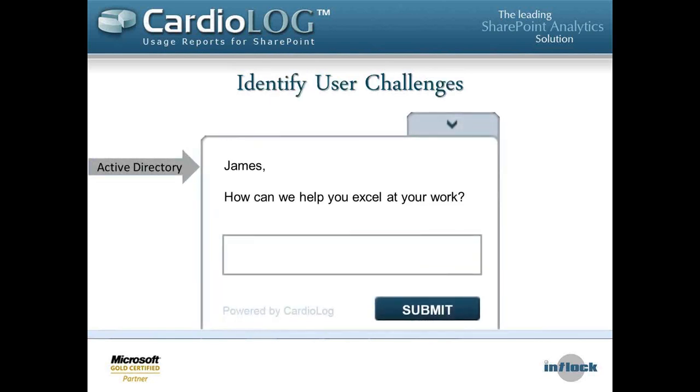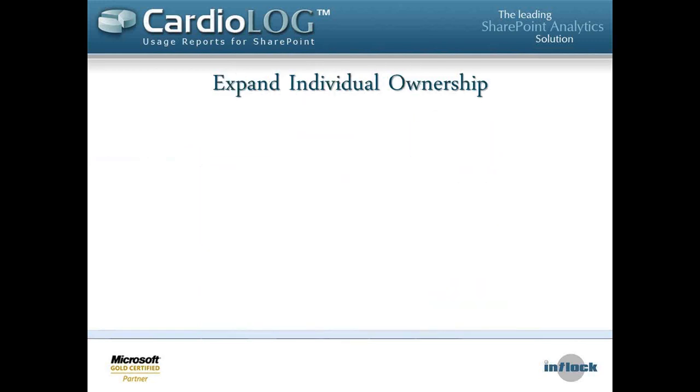Now next, on an intranet, we can actually connect to Active Directory SharePoint profiles, and actually show the questions to each user and make it personal. So here we can actually add the user name, and each user that will view the survey will see their name at the top of the survey.